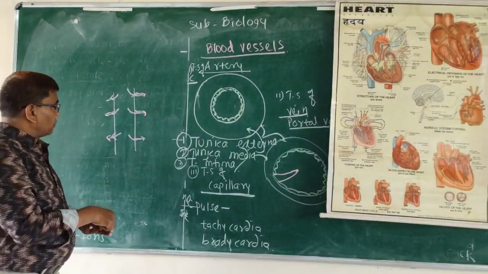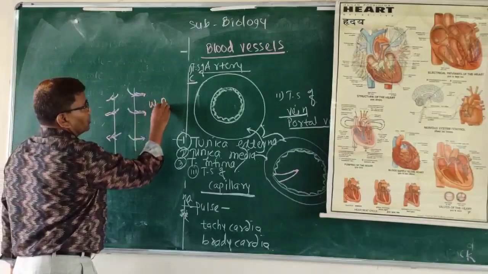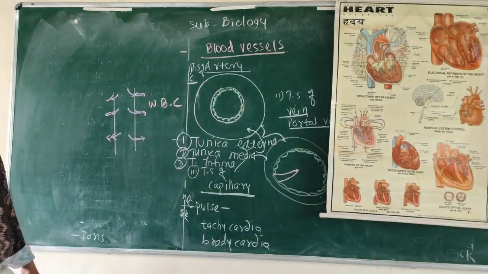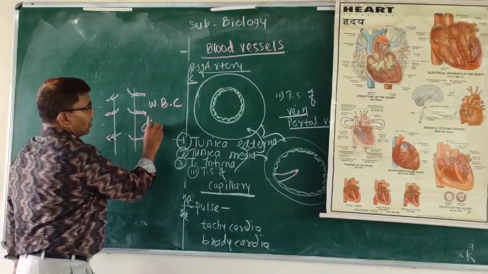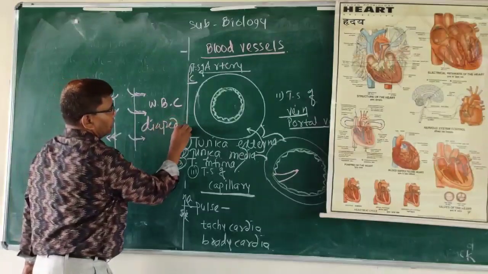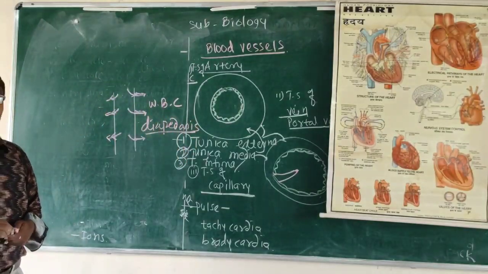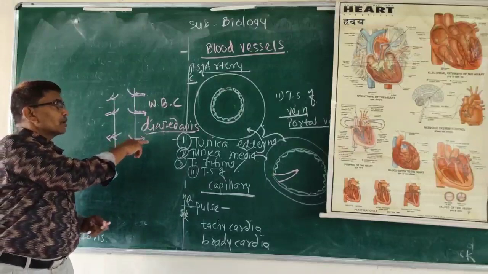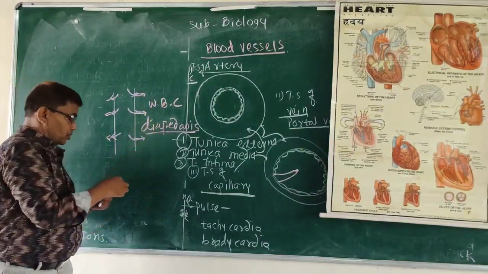At the same time, blood corpuscles called WBCs also come out through the capillary, which is called diapedesis. The movement of WBCs coming out and creeping over the surface of organs is called diapedesis.